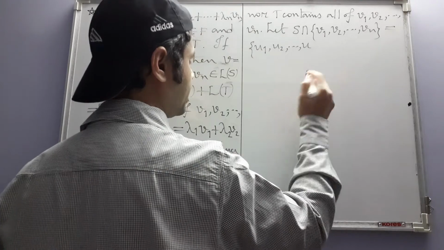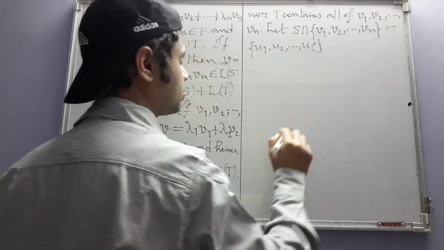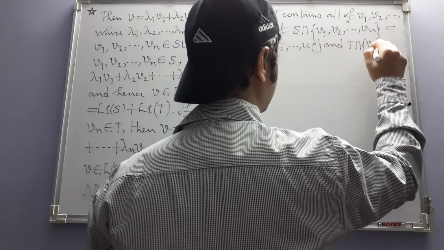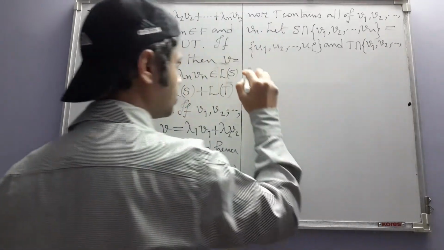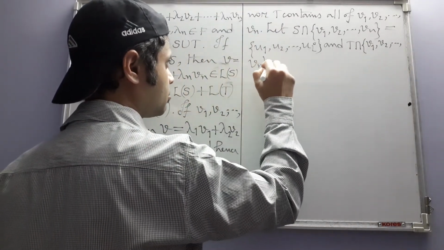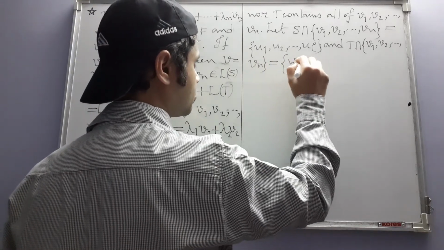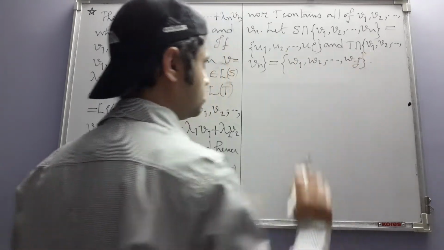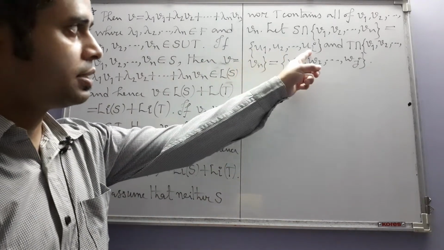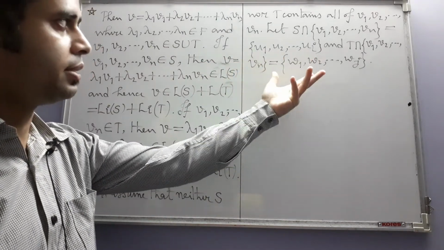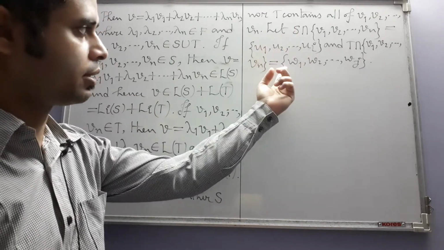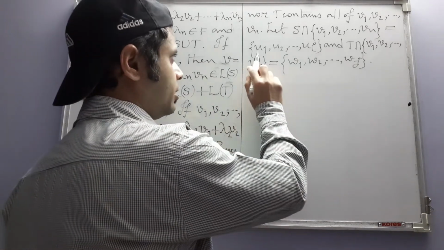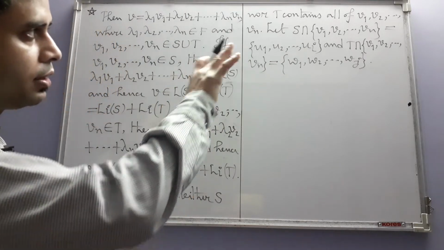These are the vectors, the Vi's which belong to S, and these are again some Vi's which belong to T. Note that although we are writing U and W, they are after all nothing but those Vi's.